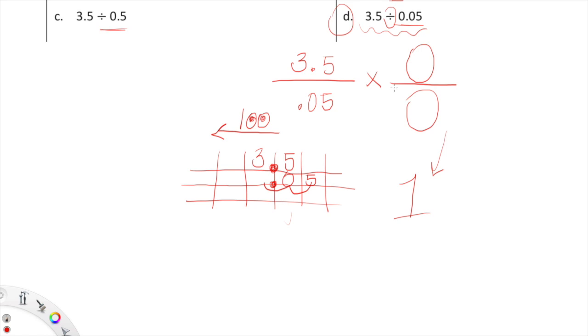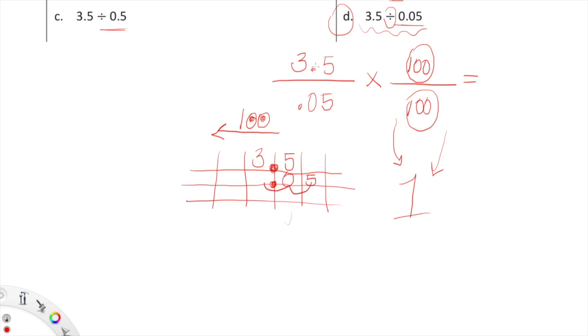Sweet. Well, I know a number that has 2 zeros in it is 100. So let's multiply 3.5 divided by 0.05 by 100 over 100. Don't get scared. 100 over 100 is a fancy version of 1. And let's see if that solves our problem.